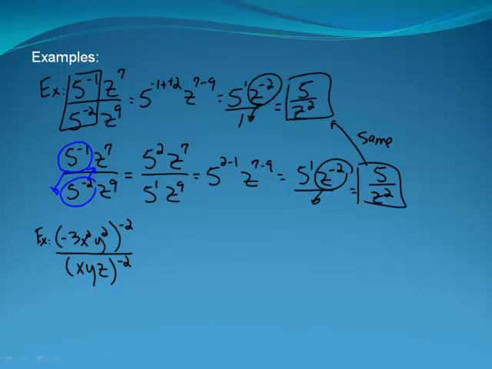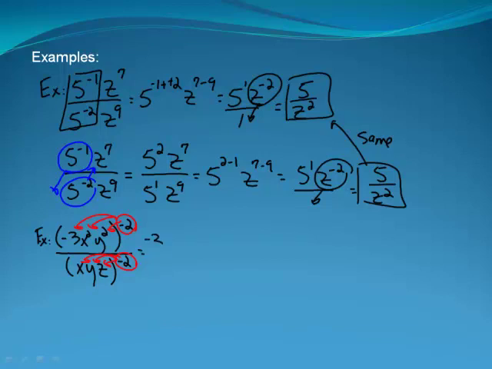Okay, when faced with a situation like this, it almost always is easiest to distribute that power first, especially when inside the groups all the bases are different, so there's really nothing you can simplify inside the groups. So get everything out from that group before you try to shuffle things around.